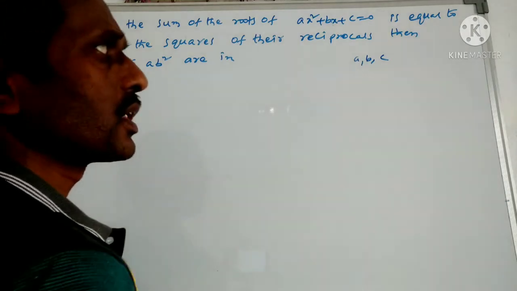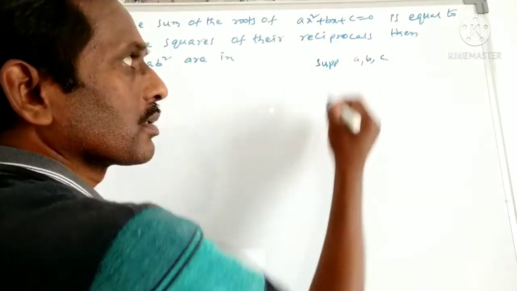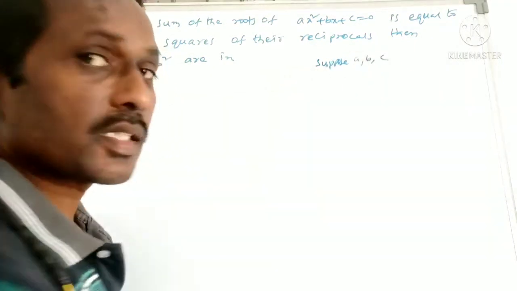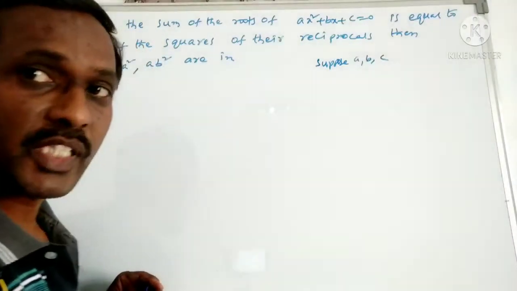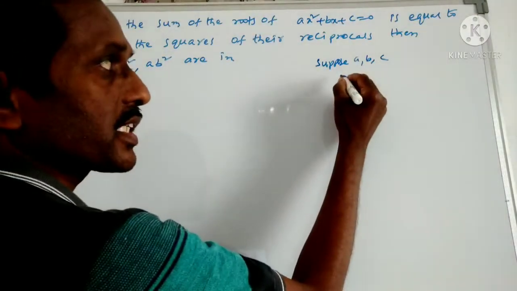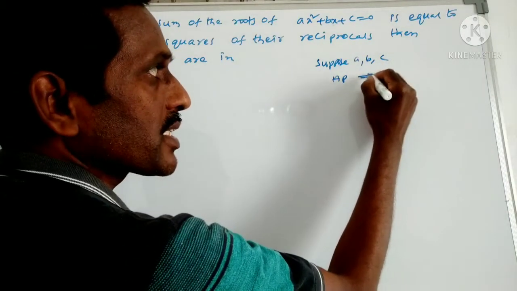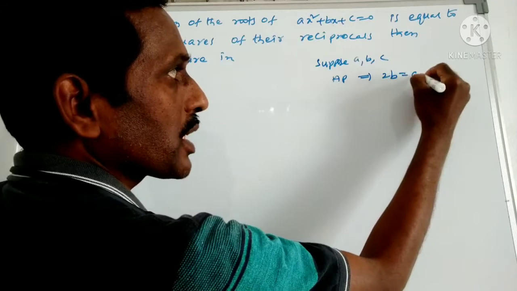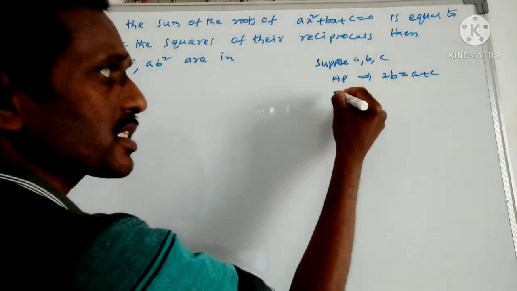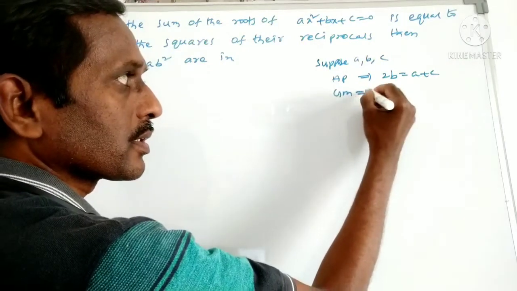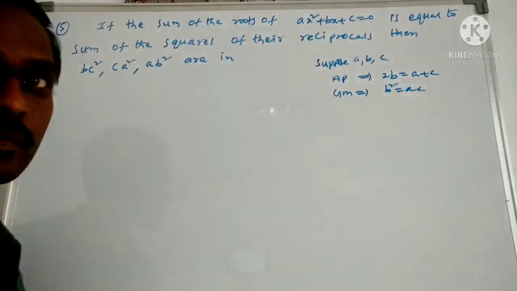So suppose a, b, c are three numbers. If these values are in arithmetic progression, then what is the relation we can write? Arithmetic progression implies 2b equals a plus c. Suppose these are in geometric progression, b square equals ac.